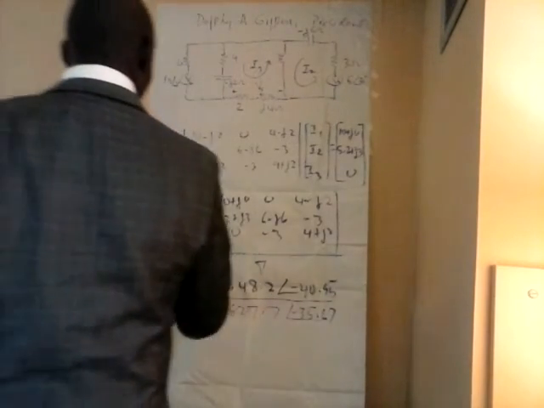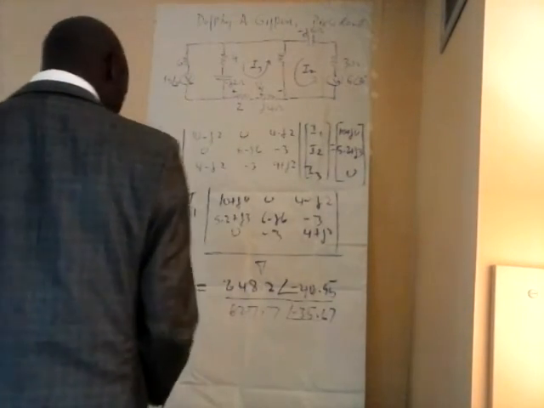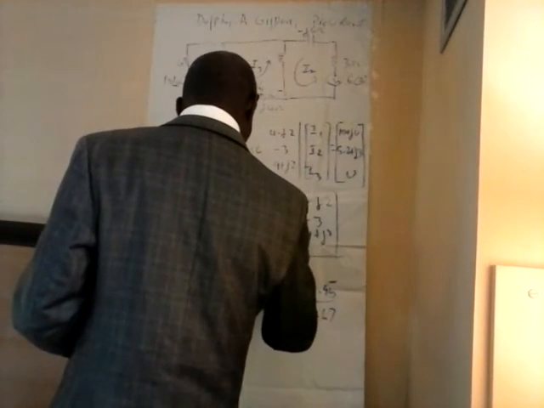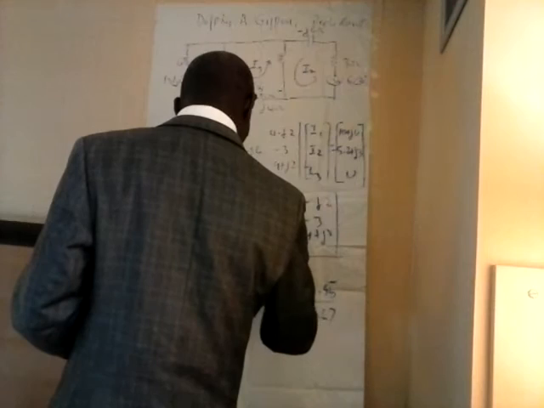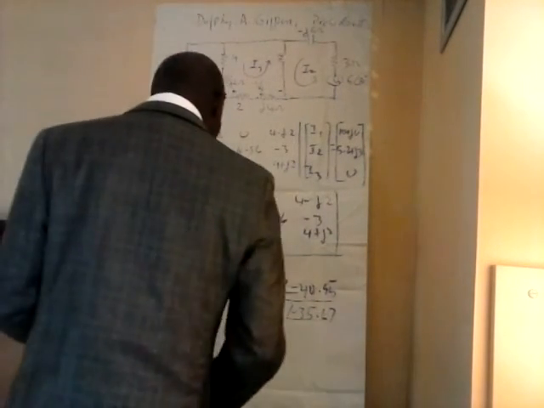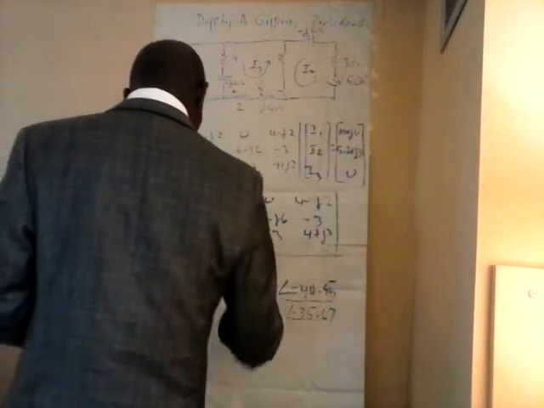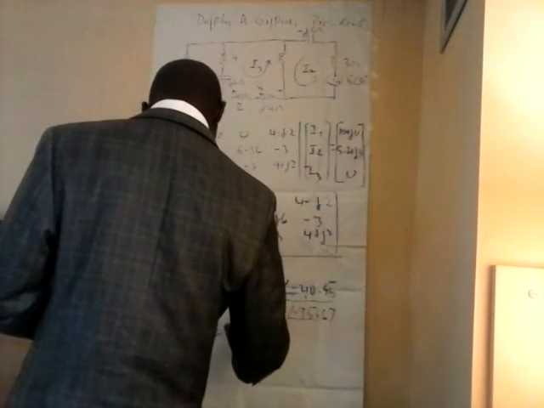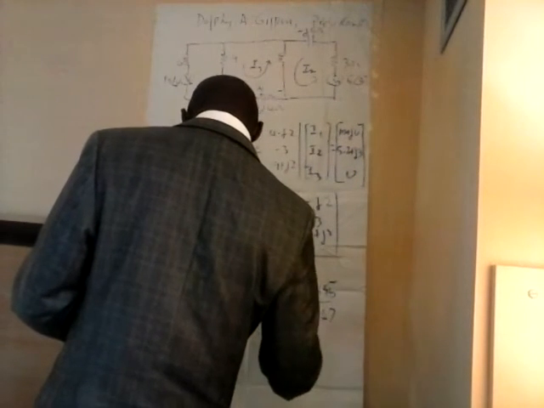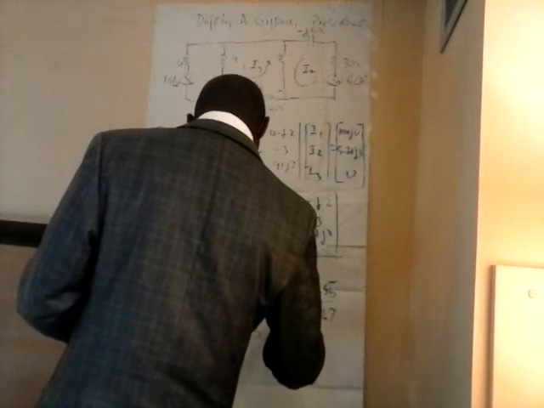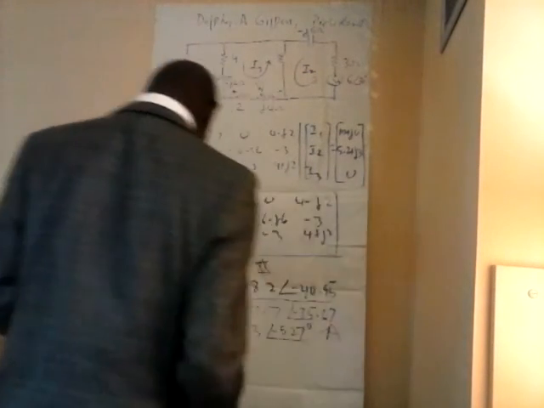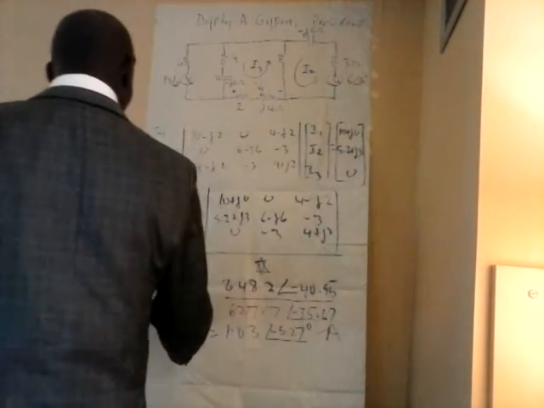And suppose if we should use, instead of delta or del, the Star of David. Anyhow, we do the calculation here, we get 1.03 at an angle of minus 5.27 amperes. So that's the value for I1.